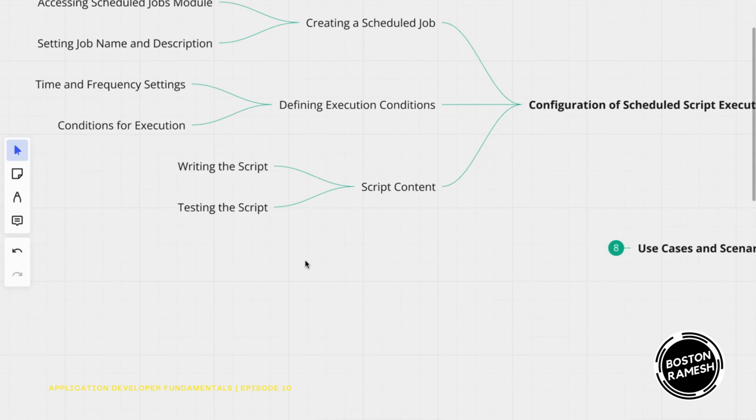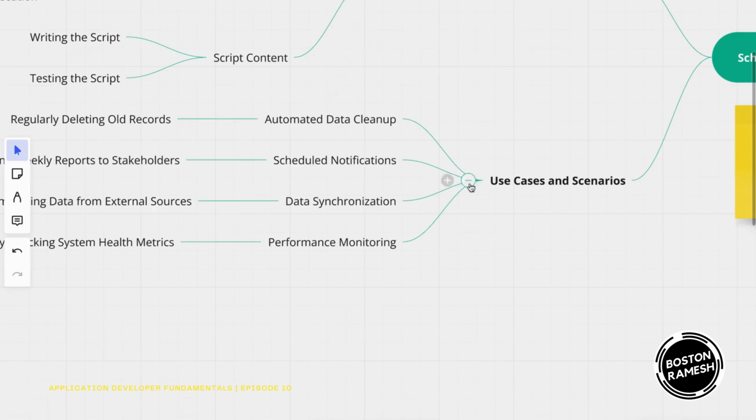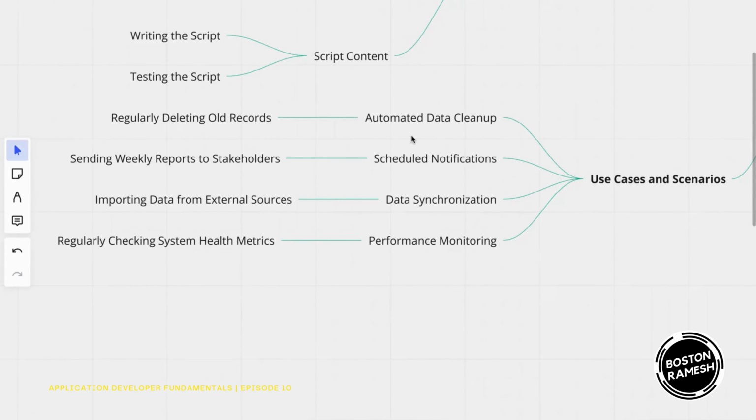Then the script content. This is where the purpose of the script lives, the logic to do something, whatever it may be. Let's look at the use cases. Why do we run this script execution? One example is automated data cleanup, to regularly delete or archive old records, for example log records. You don't want to keep old records.